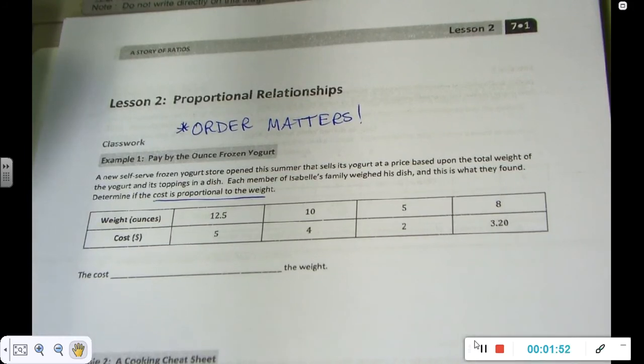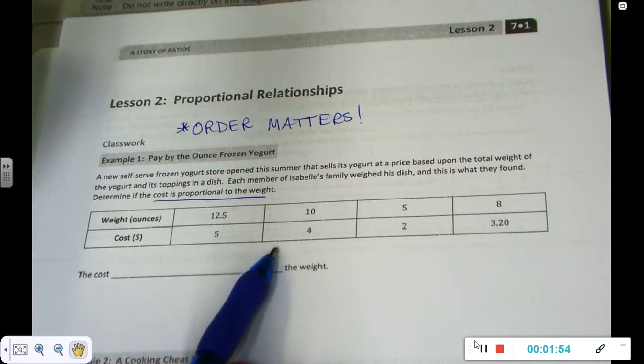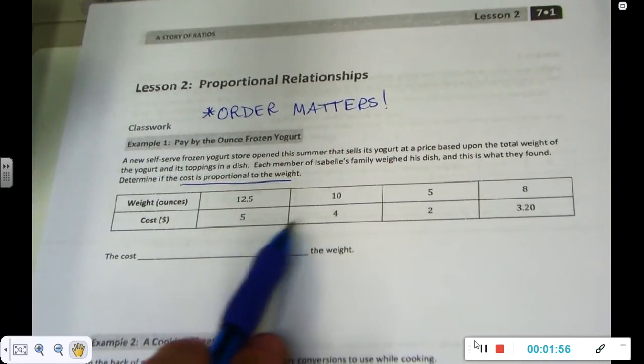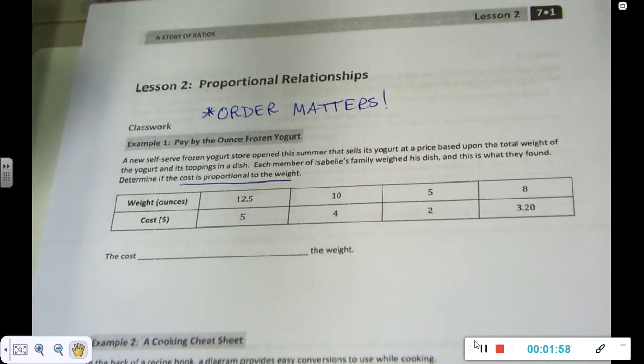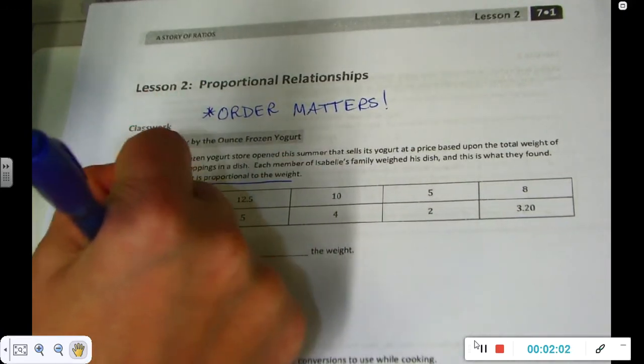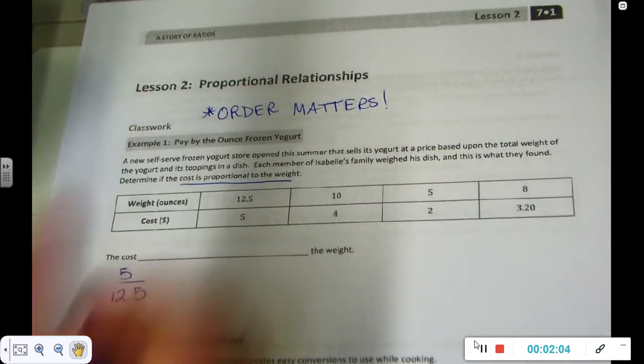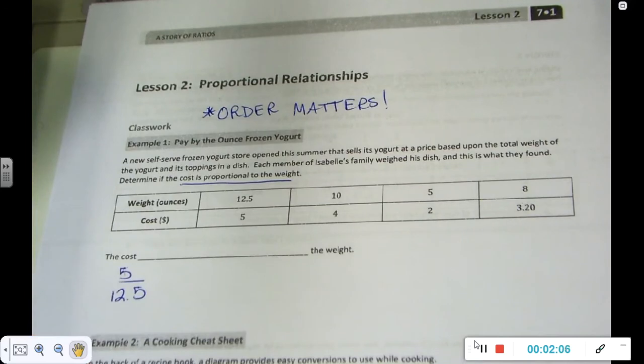So I'm going to start writing out some proportions, keeping in mind that cost has to come first. My first proportion is 5 to 12.5. And you'll notice I'm writing them as a fraction because I want to have a unit rate at the end, and I'm going to do that with a decimal form.